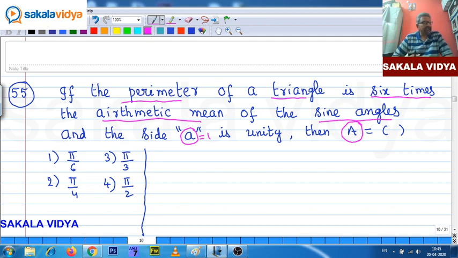Sine A, sine B, sine C. So given that the perimeter of the triangle a plus b plus c equals 6 times the arithmetic mean of the sine of angles, sine A plus sine B plus sine C.